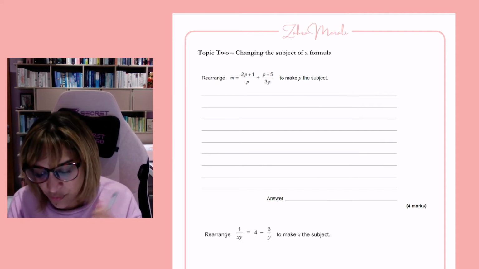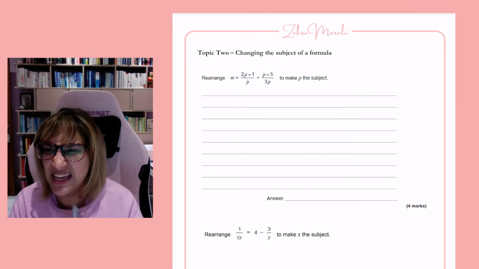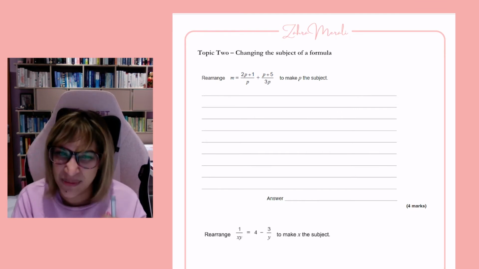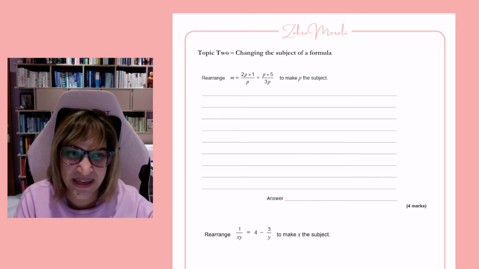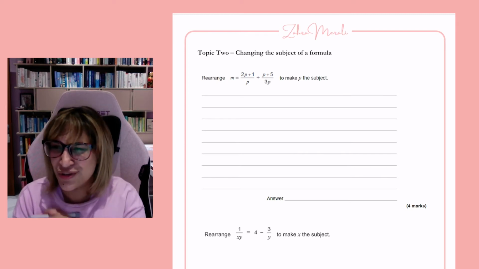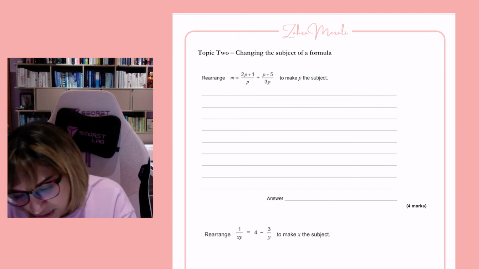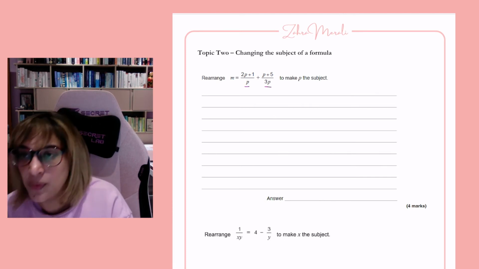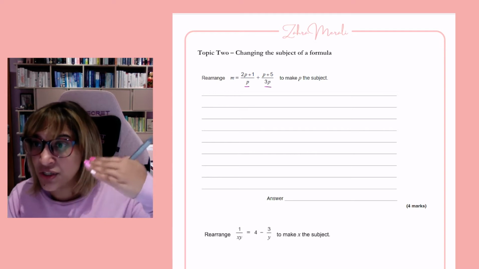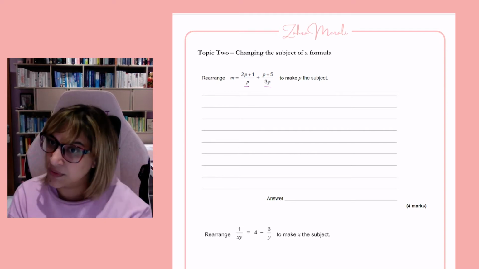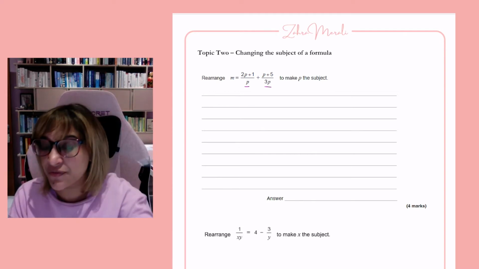We want to rearrange, we want to make P the subject. Now we don't like things on denominators to start with. They just make life a little bit difficult. So let's get rid of anything on the denominator. If I have a look, I've got p and I've got 3p. I'm going to take the largest value, because it's a multiple of the other one, and multiply everything by it.